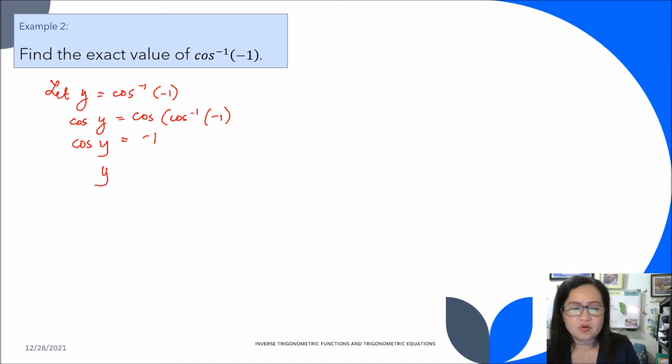So therefore, y is 180 degrees or pi, since the domain is the closed interval 0 to pi.